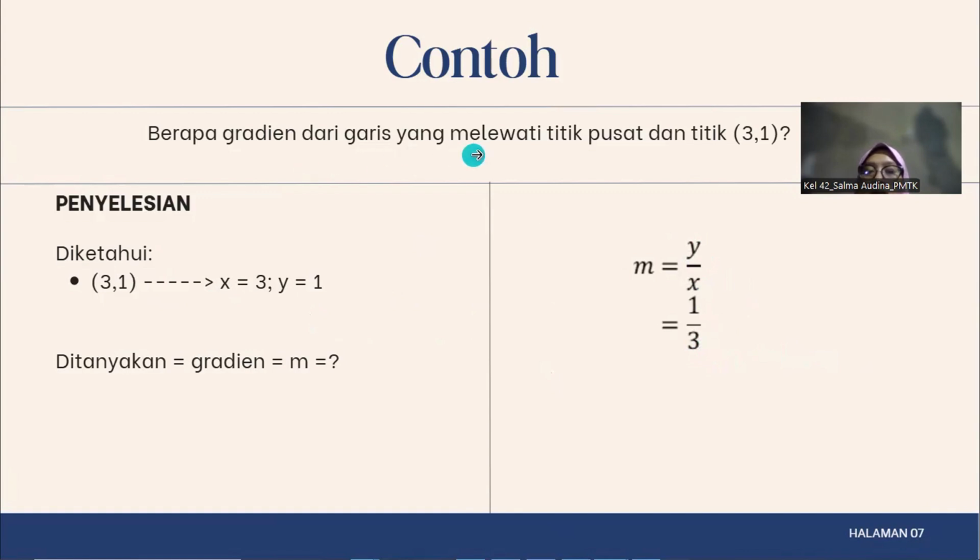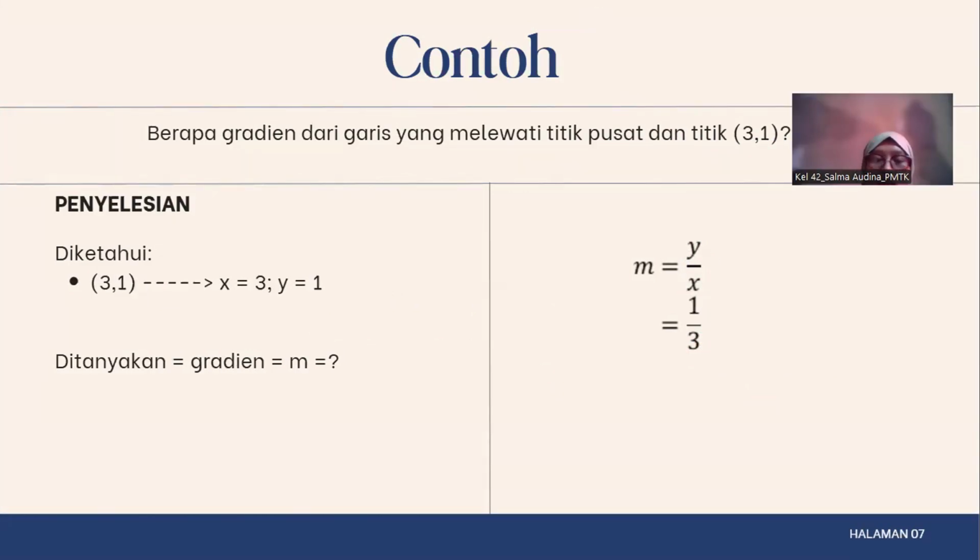So, the gradient of the line that passes through the origin and point 3, 1 is 1 over 3.